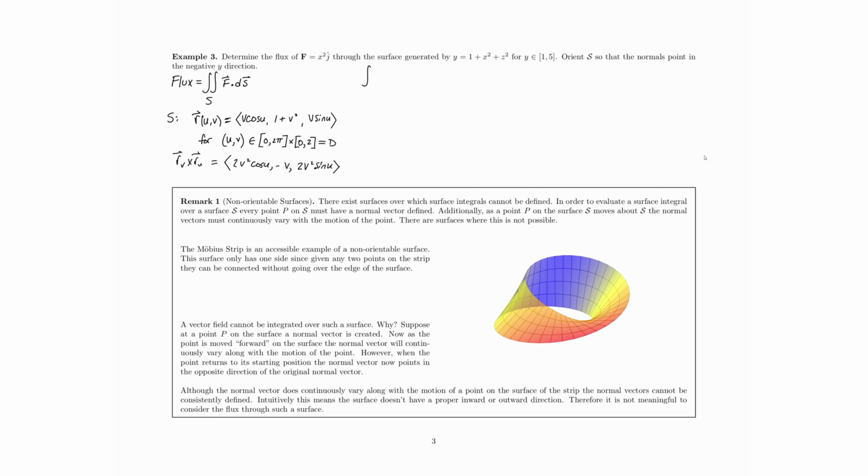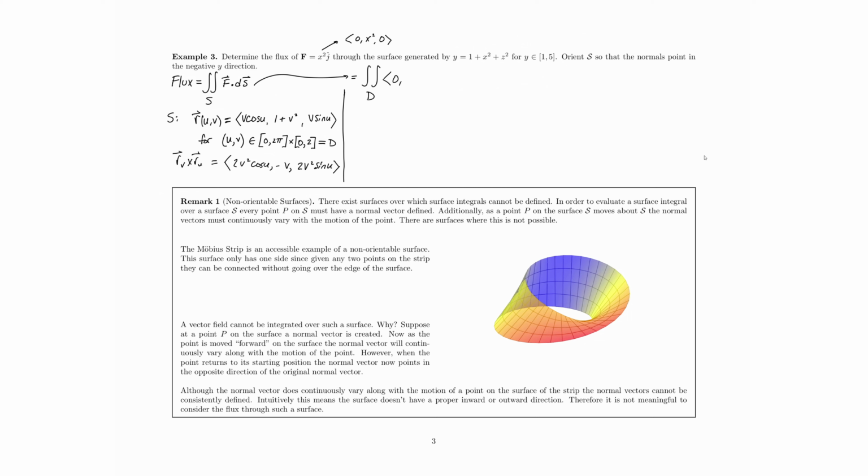So continuing, this would be the double integral over D. We have our vector field. Our vector field is really just 0, x squared, 0. And on our parameterization, x is v cosine u.